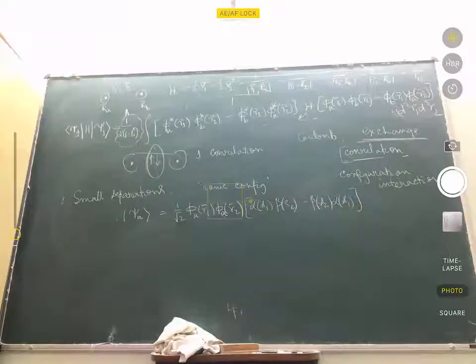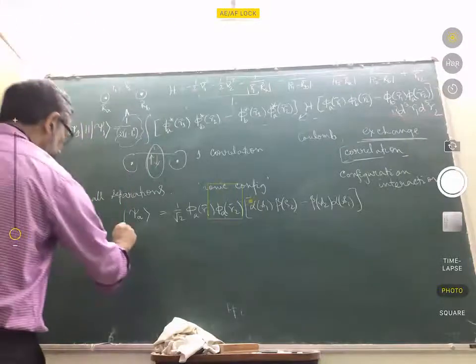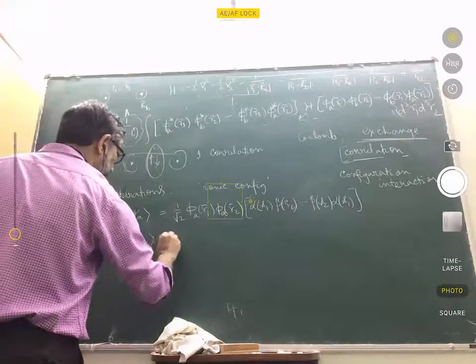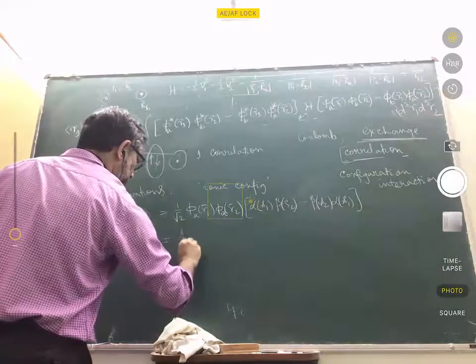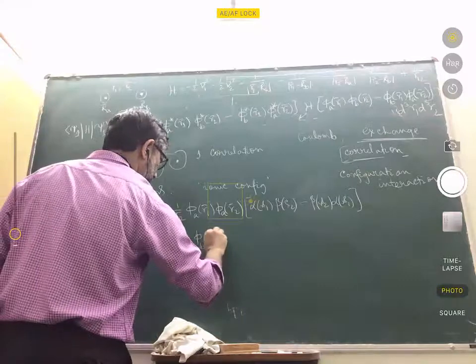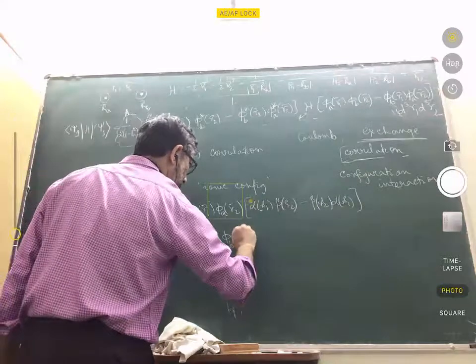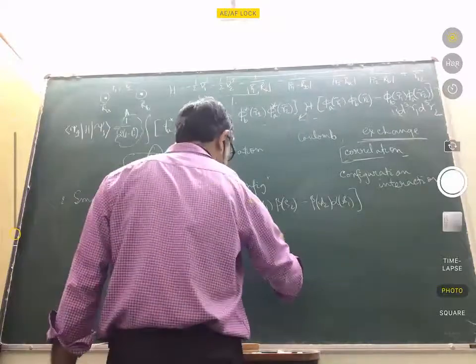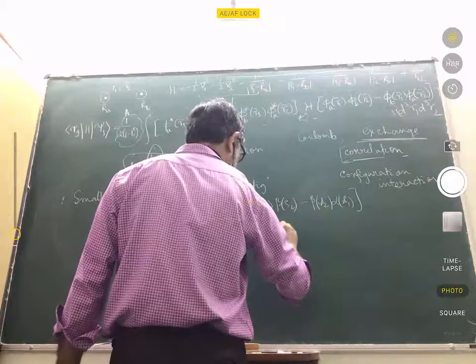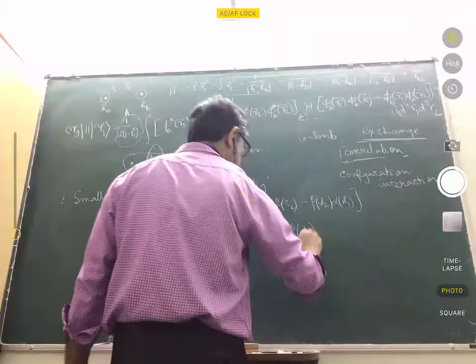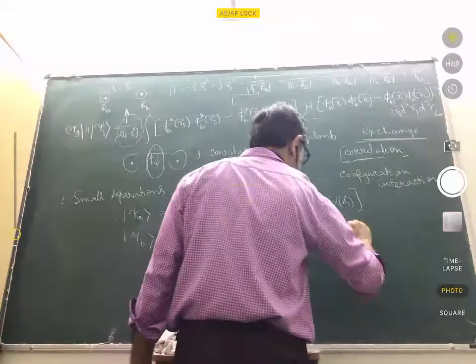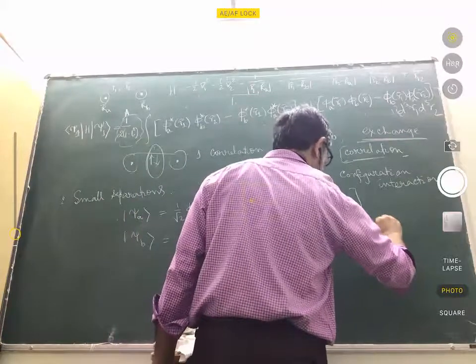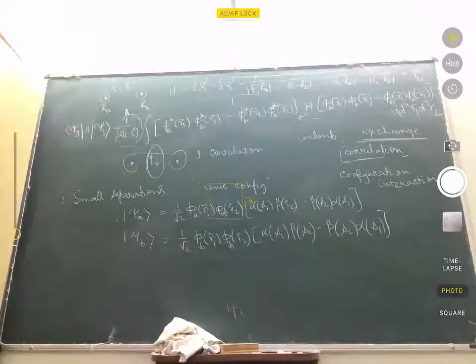And similarly, I can have a psi B with both electrons on phi B. And obviously, both are singlets, right? If you have two electrons on the same orbital, then it has to be a singlet configuration. So that is that.